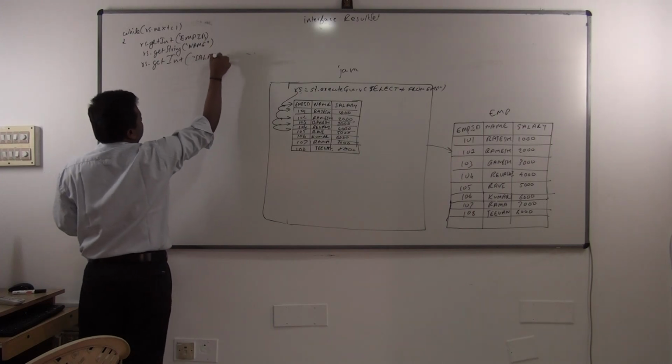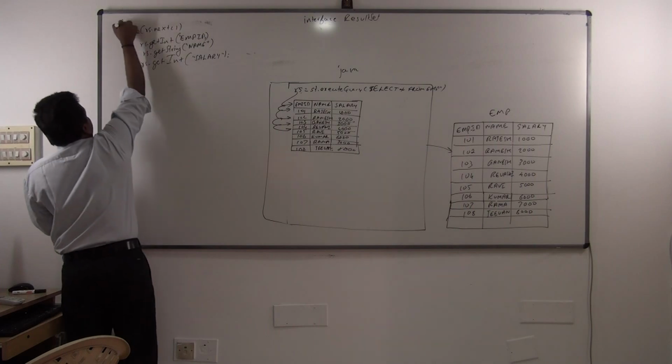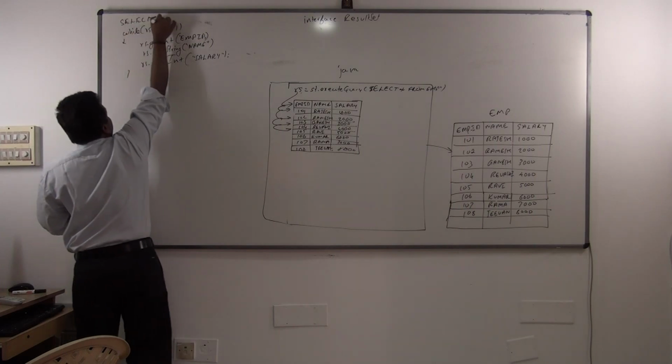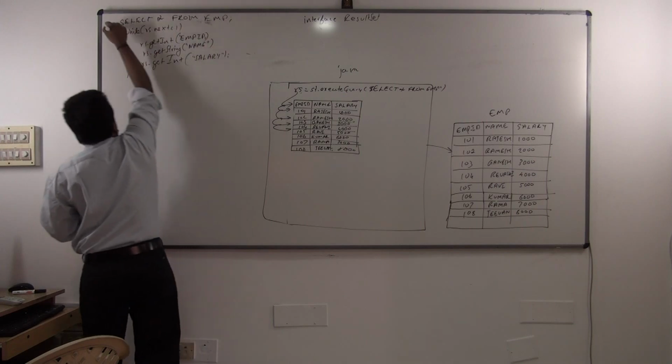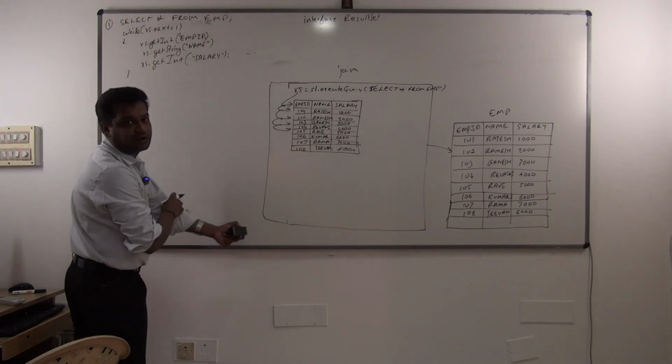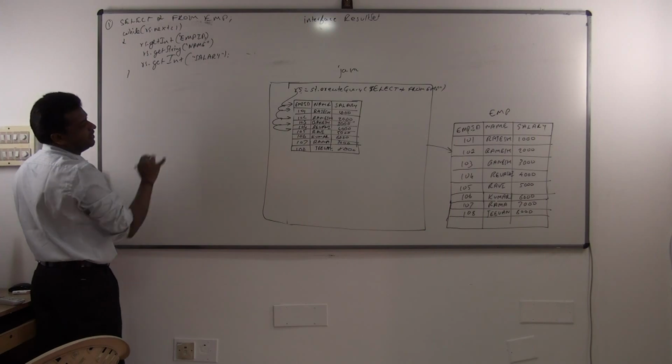You can say 1, 2, 3 also, but preferably we say this. So this is the code when you say select star from EMP. This is the first query I am teaching you. Fine. So you will get all the values.